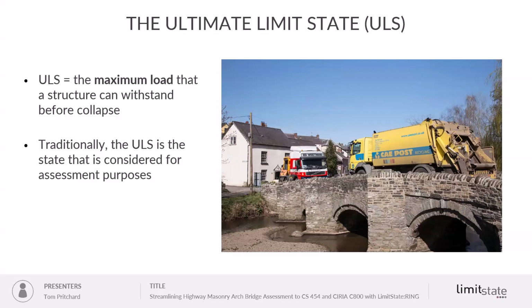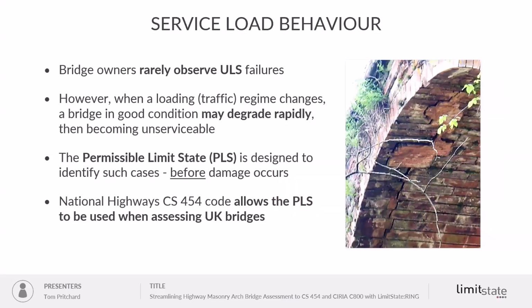And as stated, the ultimate limit state is what we would traditionally be considering when we were assessing a bridge using, for example, BD21 and associated codes. And that brings us on to service load behavior. So in practice, bridge owners rarely observe ultimate limit state failures, which is a very good thing.